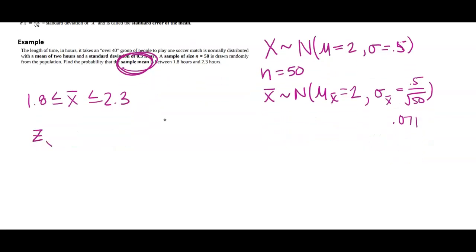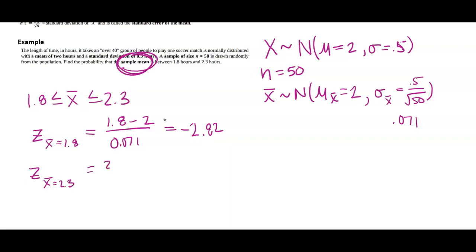So let's find the z-score for when x bar is 1.8. 1.8 minus 2 divided by 0.07 is negative 2.82. And then let's find the z-score for 2.3.